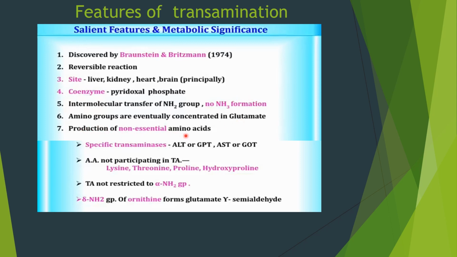The major significance of transamination is that it leads to the formation of other non-essential amino acids. The specific transaminases used in this reaction are ALT, GPT, AST or GOT.